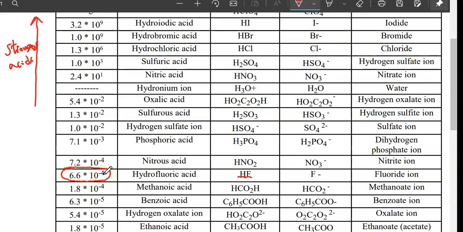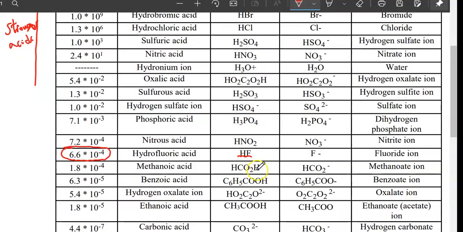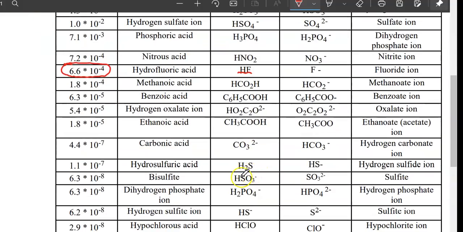Now let's look for our HSO3-. None of these are HSO3-, so we've got to keep going down. Here it is, bisulfite. This is the other one, and 6.3 times 10 to the negative 8 is its Ka.